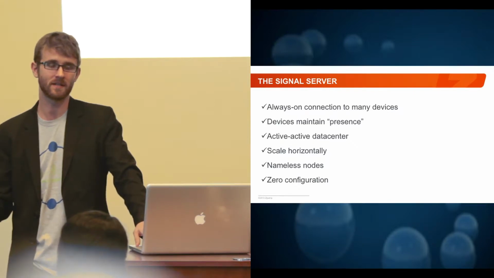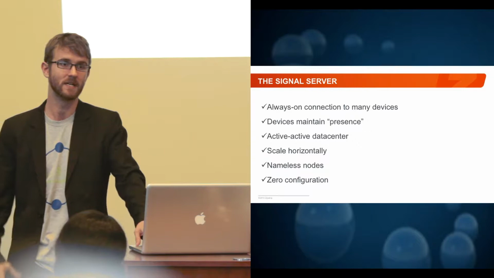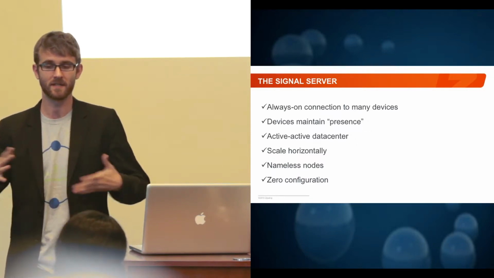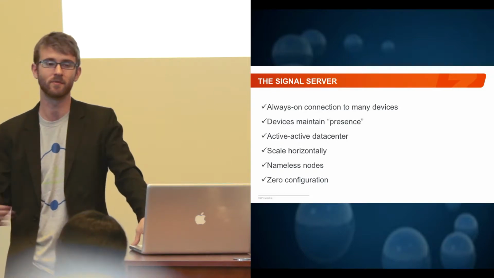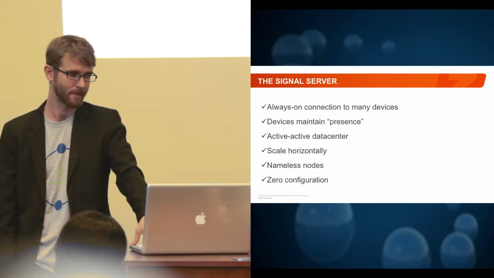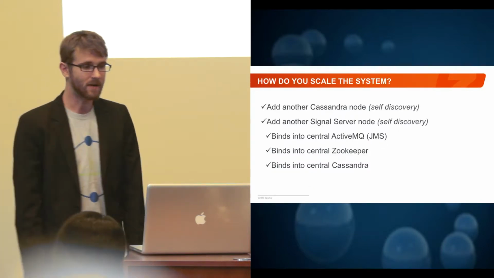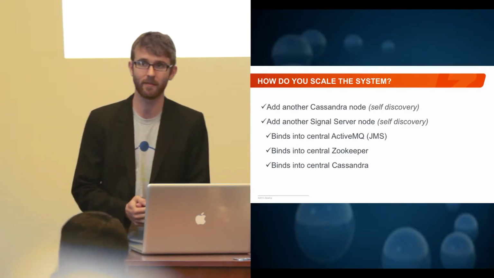An interesting thing as well is that we don't have a back-end portion and a front-end portion to the signal server. It's just a single jar that does both sides, and then we just copy it. And we can use load balancers to determine how many we want to be back-end or front-end. So how do we scale a system, which is the primary design goal? We can just flip on more Cassandra nodes.